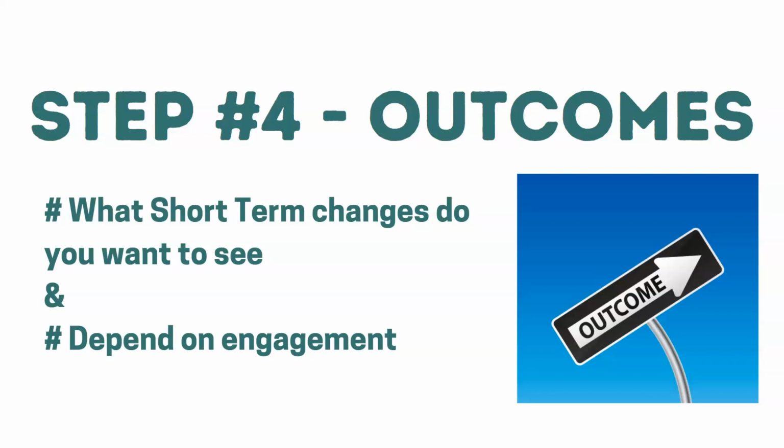So what are outcomes? Outcomes are changes that your beneficiaries experience in the short term. Remember, impact in step 3, your impact statement, is what will be experienced in the long term. However, the outcomes are what you will experience in the short term.